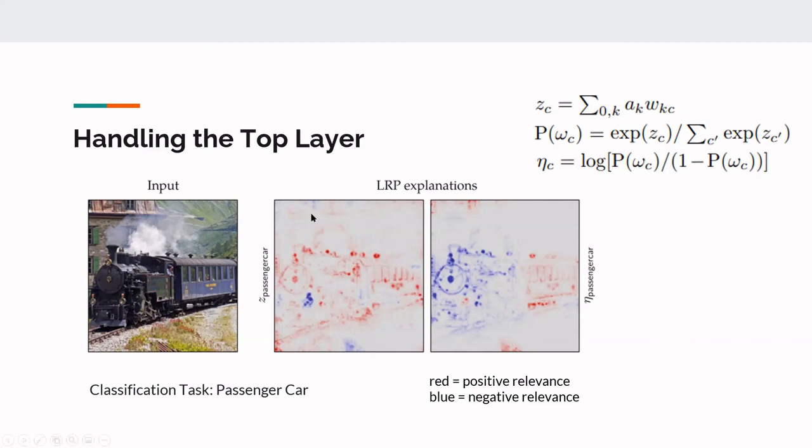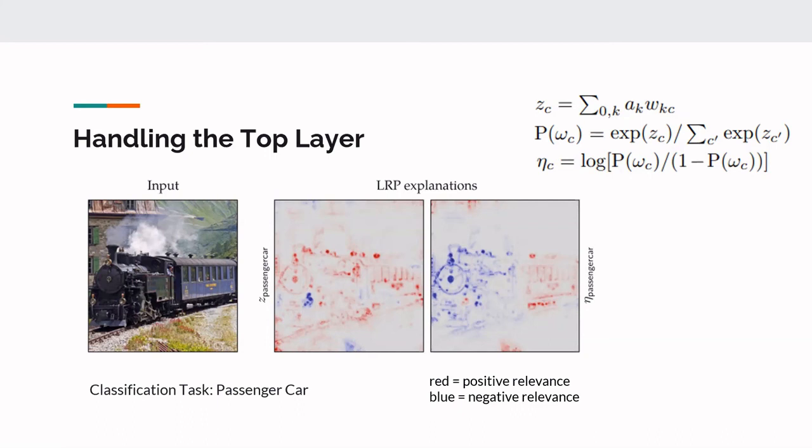So in the Z sub C explanation here, where we're trying to classify this passenger car, the second car in the train, the entire train is actually given some positive relevance as they all do increase the probability of predicting that this image is a passenger car.